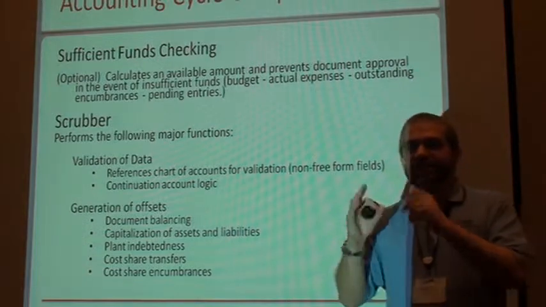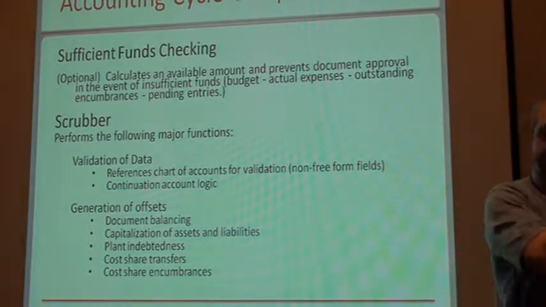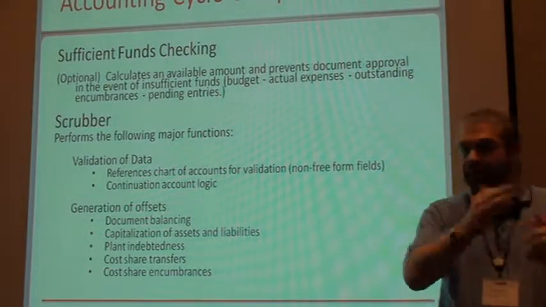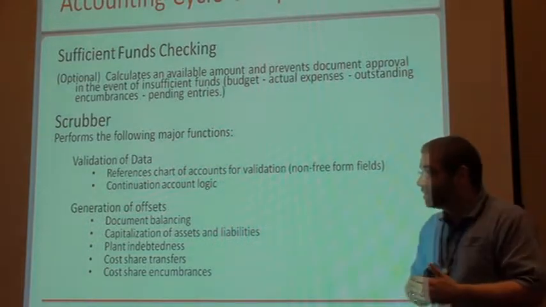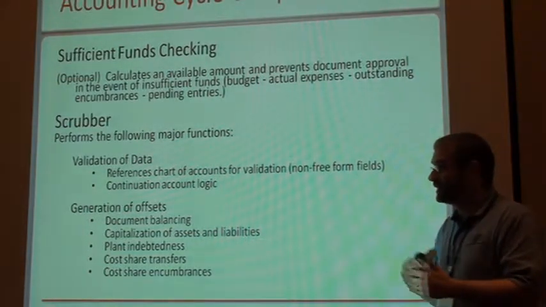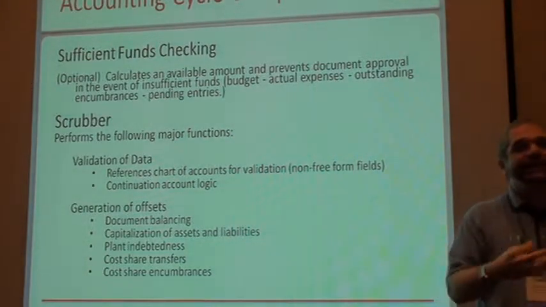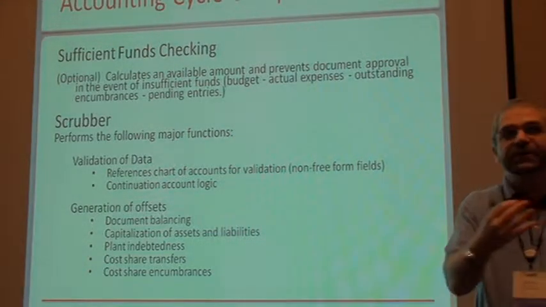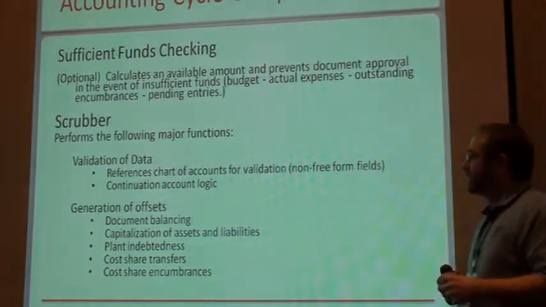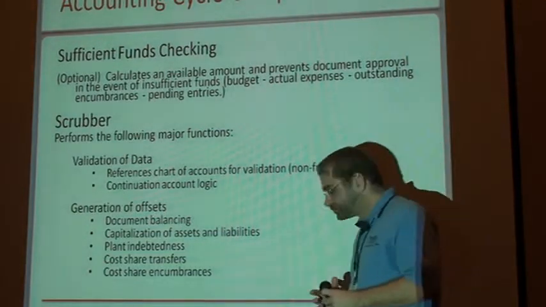And if it finds errors, it snags them and segregates them out, puts them in a file for you. And I'll talk in a little bit about what happens with that file and all the files that the accounting cycle generates. So the first hurdle is just, is the stuff coming in clean? Does it look like stuff I could post that would make sense in my general ledger?